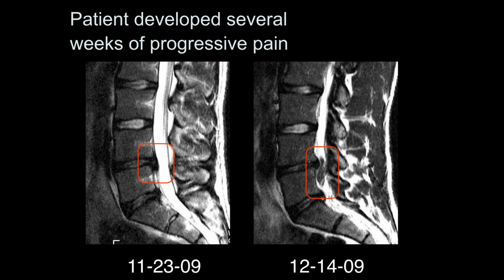There is a plane between the annular fibers here and the disc. It doesn't really matter. Basically, nuclear material has extruded out beyond the disc itself.